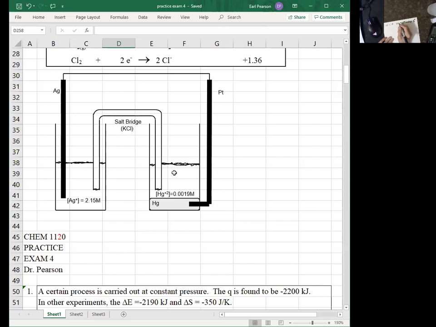Wait, no, it's 2Ag+. Okay, all right. And we got the E0 for that cell was plus 0.05.